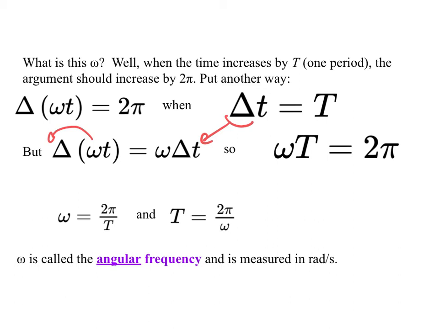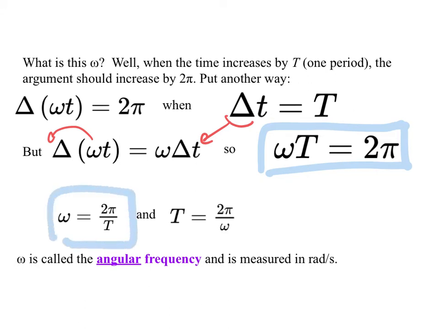So we end up with maybe the most important result here, omega T equals 2 pi. So omega is 2 pi over T, and T is 2 pi over omega. As an aside, notice that this implies that f is 1 over T, then f is 1 over 2 pi over omega.